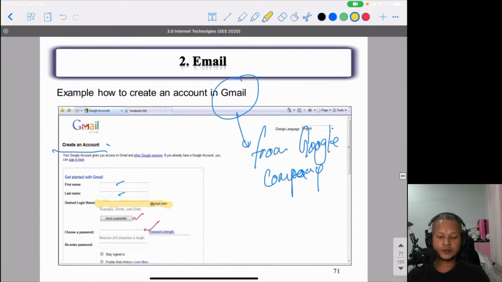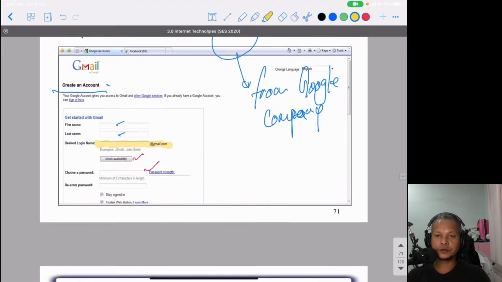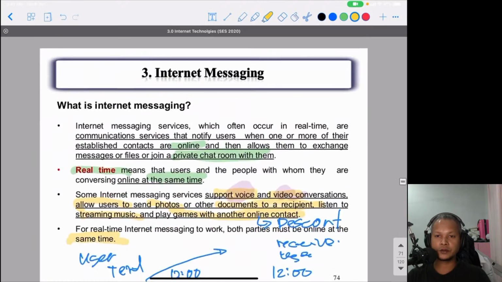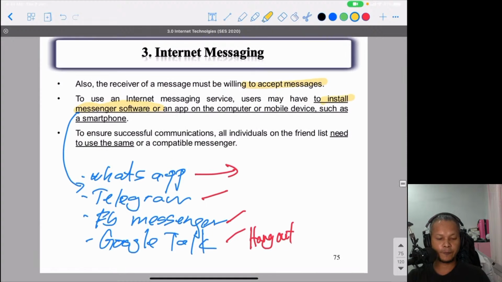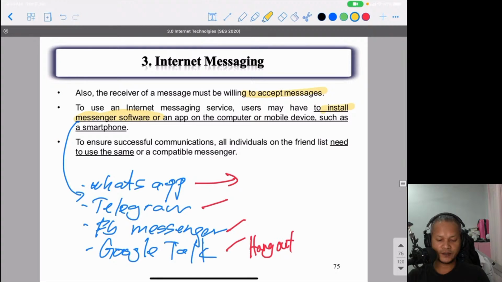Here we go, we go through our note just to review some topics, maybe you have lost something, or for refreshment. Internet messaging: WhatsApp, Telegram, FB Messenger, Google Talk, Hangouts. These are some examples of today's technology.